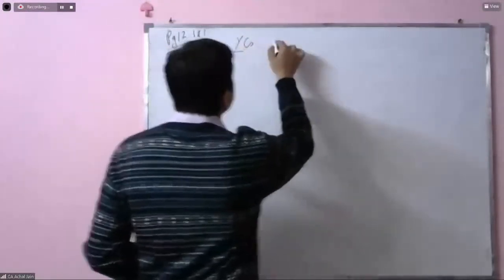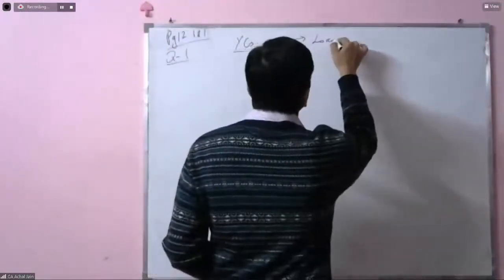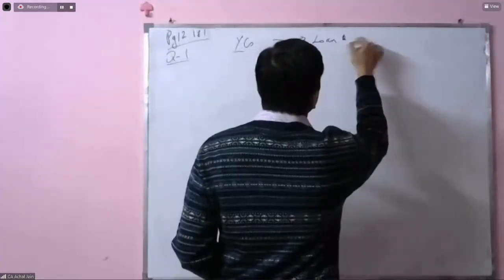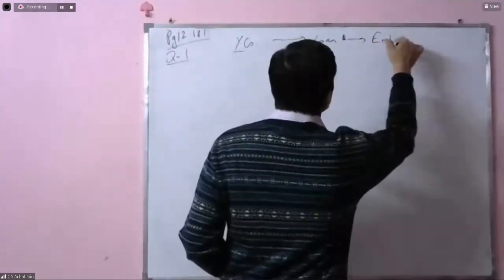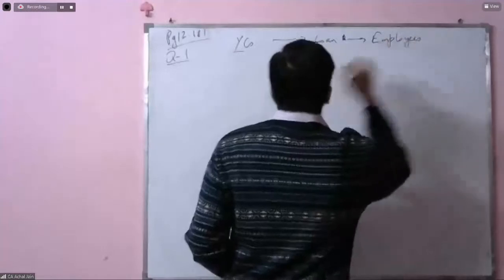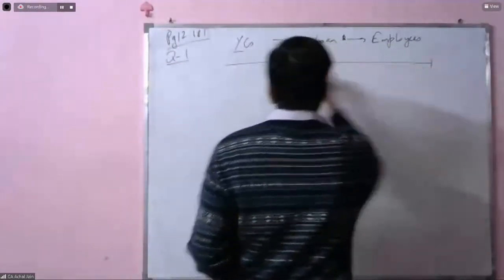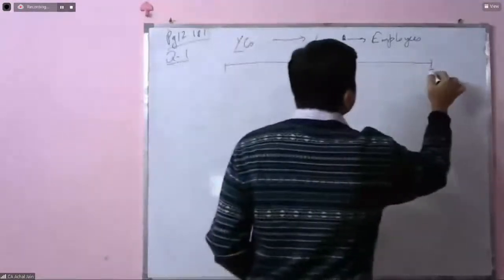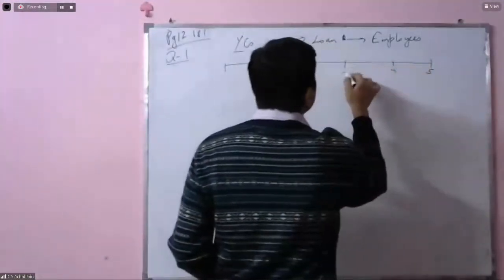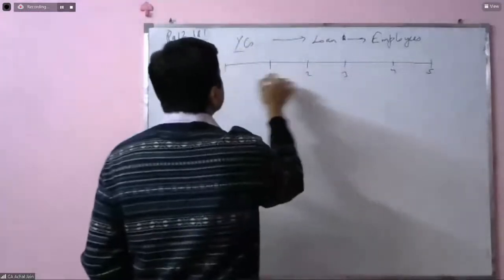So Y Company will give the loan to employees. As part of this arrangement, 5 installments will be considered.